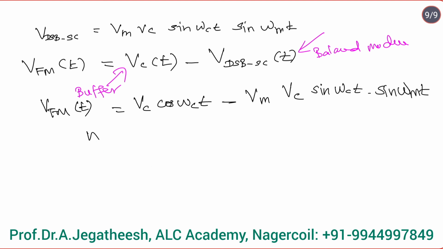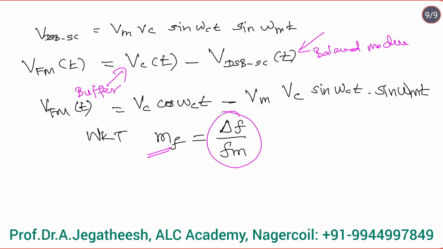We know that Mf is equal to delta F divided by Fm, that is, the modulation index for an FM signal is defined as the ratio of frequency deviation to the maximum frequency. This is the modulation index of the FM signal. This is also equal to Vm. So you can replace Vm by Mf.